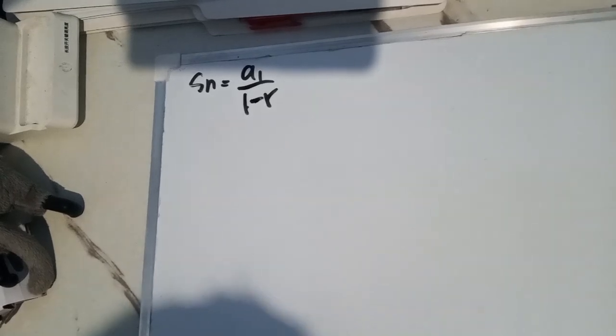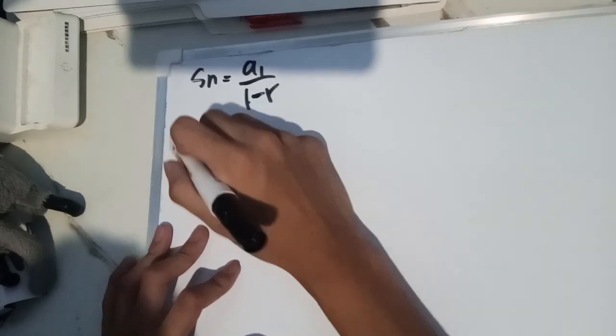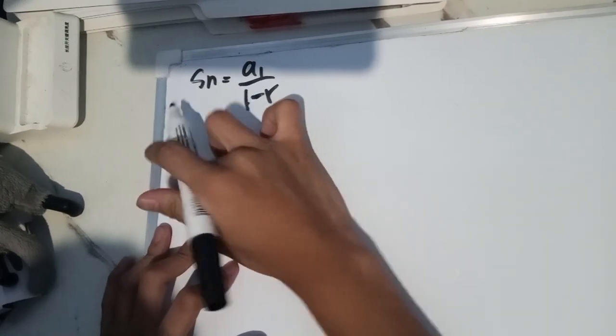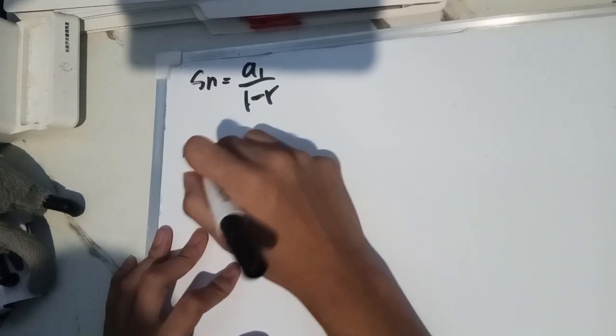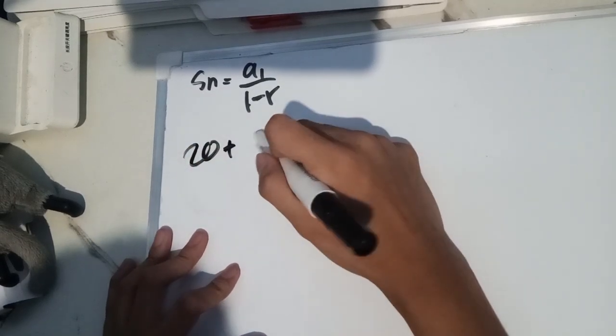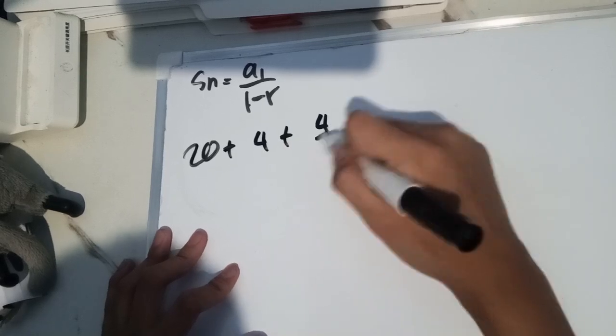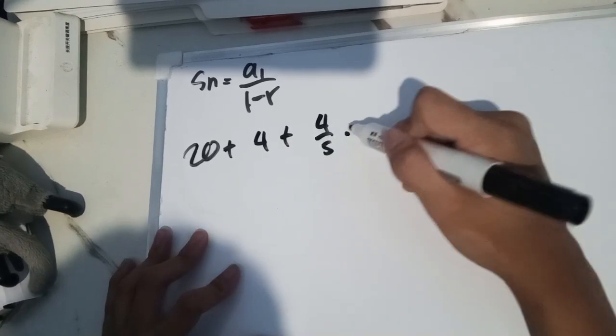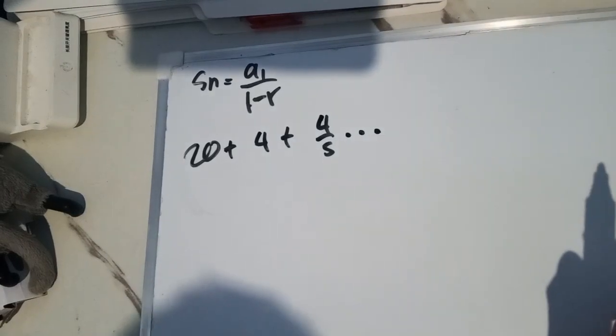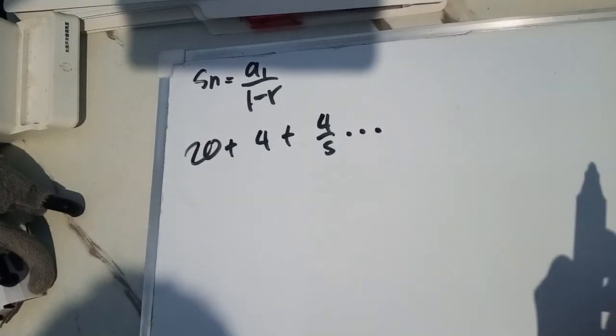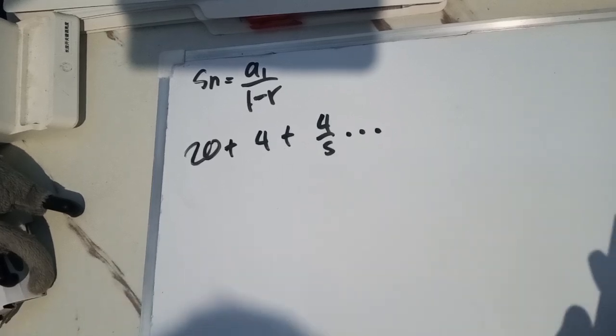So, what if we have this type of problem? 20 plus 4 plus 4 over 5. Okay. So, what do we notice?